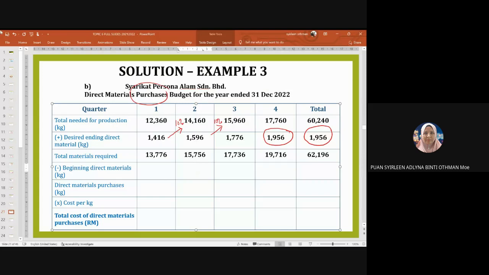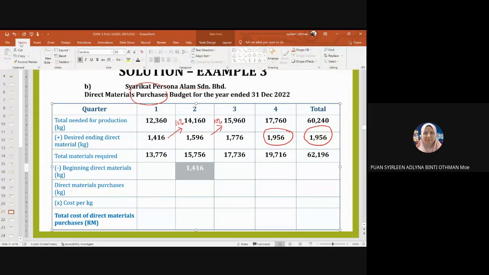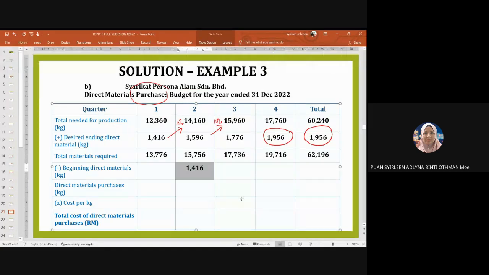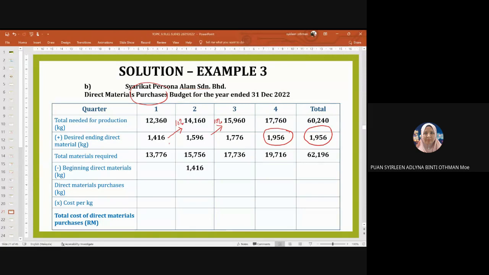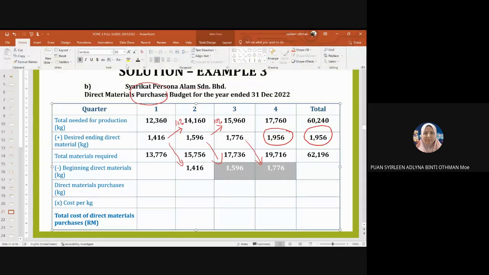Ending inventory quarter 1, dia akan jadi beginning inventory quarter 2. Nampak? Ending inventory quarter 1, dia akan jadi beginning inventory quarter 2. Okay? So, untuk quarter 2, nilai dia ialah 1596.